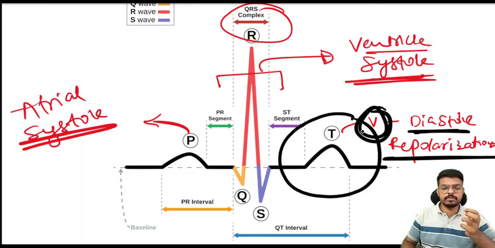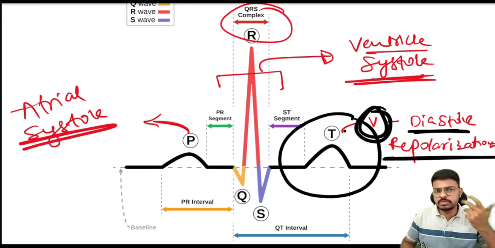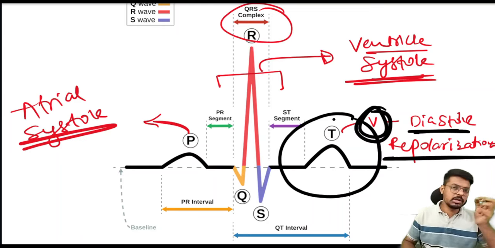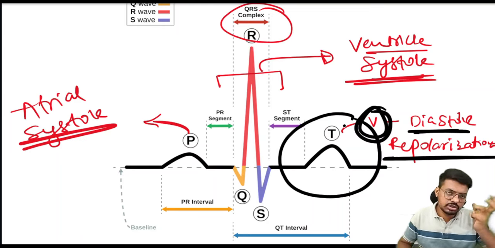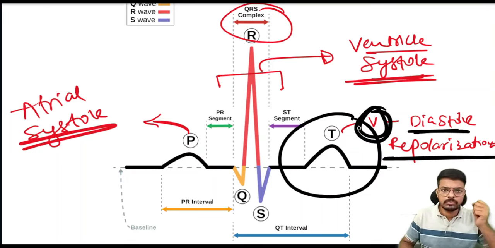Relaxation of the ventricles. I think all of you have heard about the defibrillator. What is the purpose of giving a shock from the defibrillator? That is to make the heart contract. So where do you have to give the shock: on the P wave, the QRS complex, or the T wave?